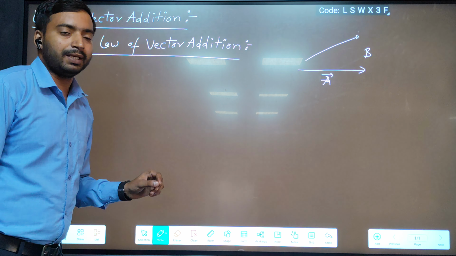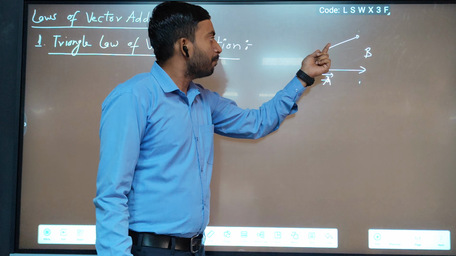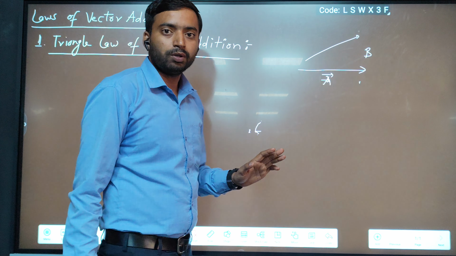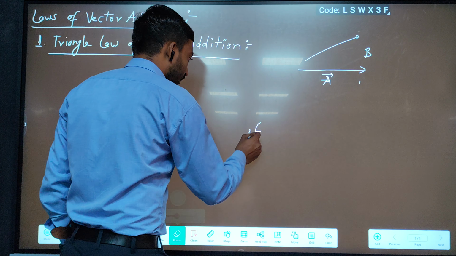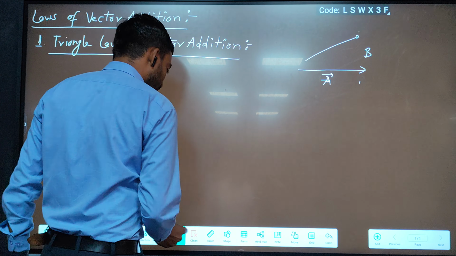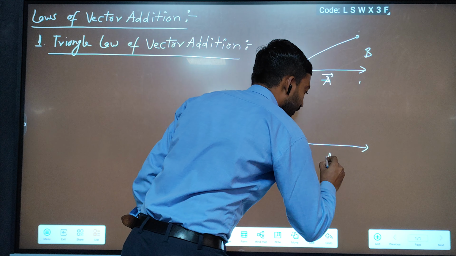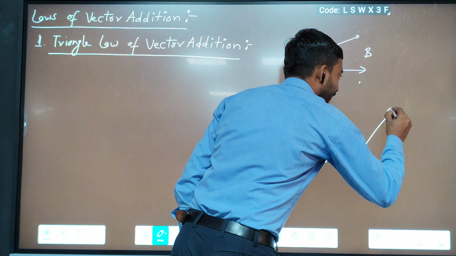In the same order means the head of the first vector must be connected with the tail of the second vector. So according to the law, first we'll resolve vector A here and vector B with the same angle here.